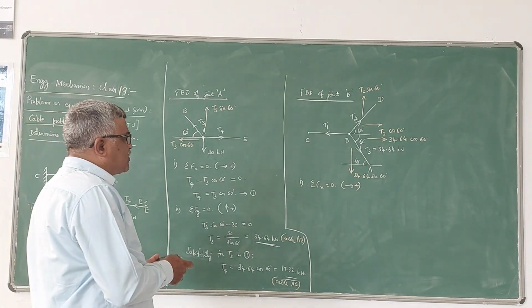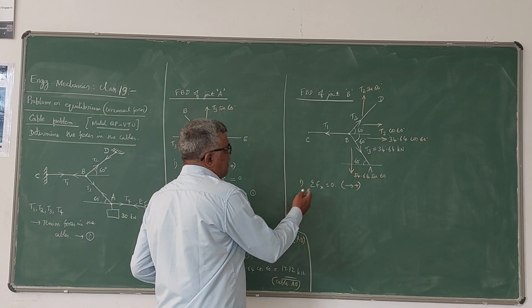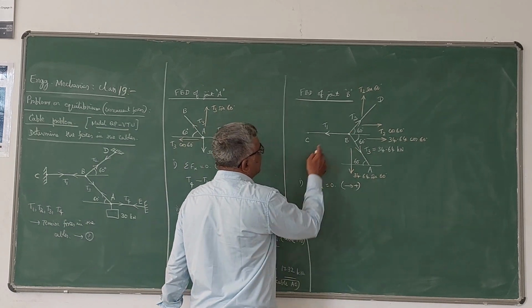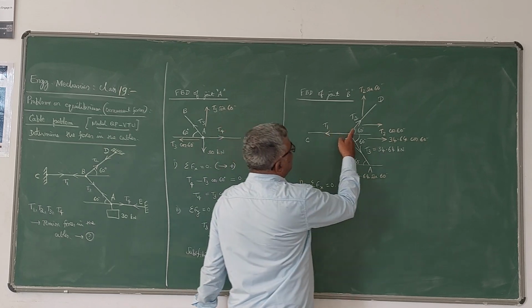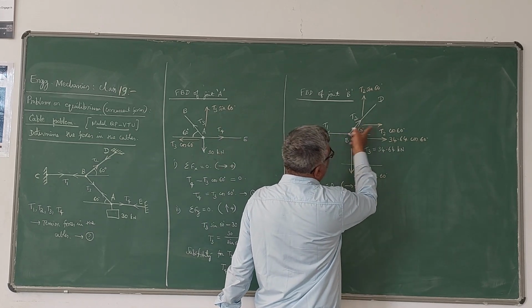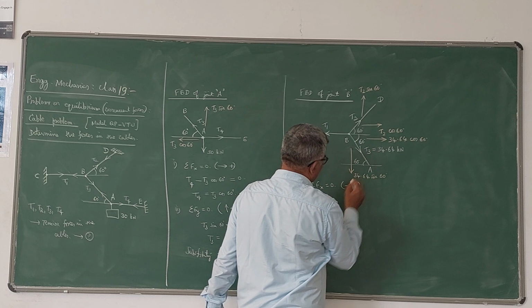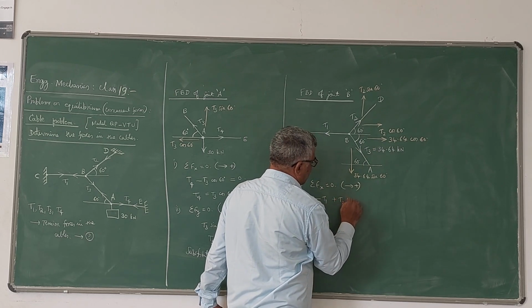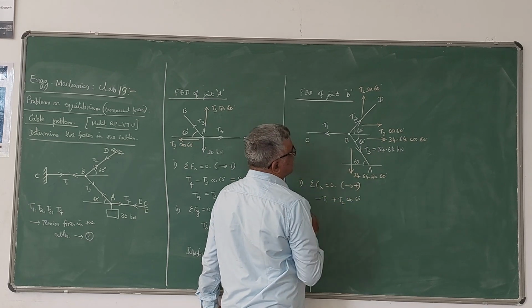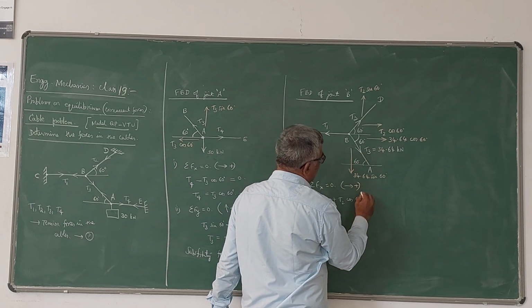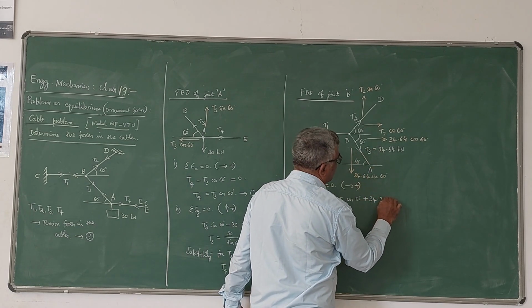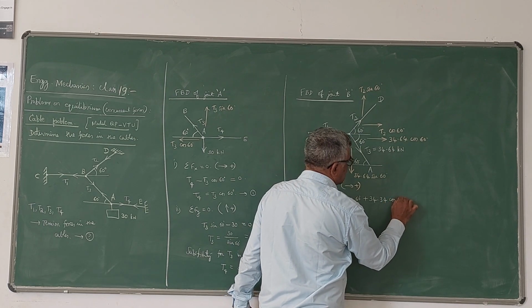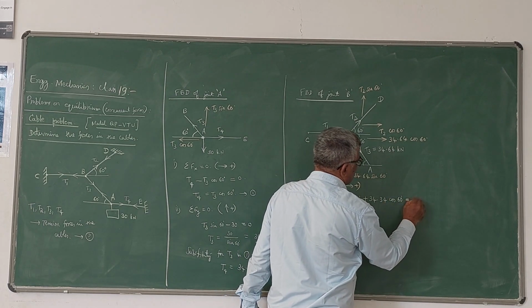Now apply the equilibrium equation sigma Fx equals 0 for joint B. T1 is acting towards left, therefore minus T1. The horizontal component of T2 is plus T2 cos 60, acting towards right. The horizontal component of 34.64 is also positive, so plus 34.64 cos 60 equals 0.